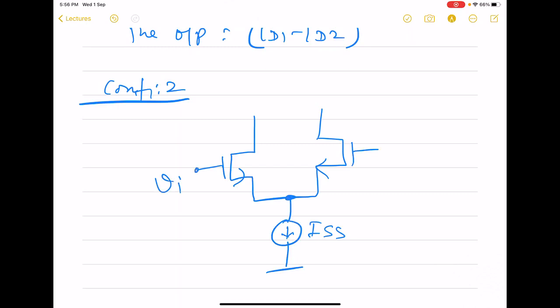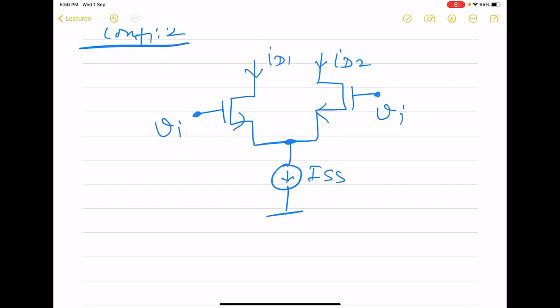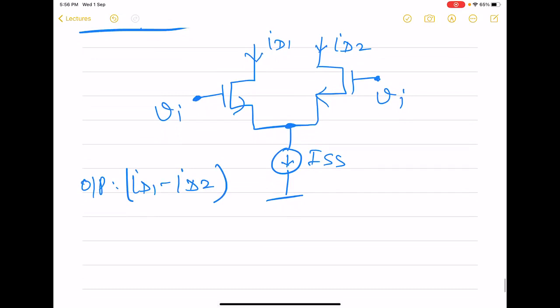Additionally, here we need not provide any gate voltage. We can straightaway feed our time varying input. And here also the output quantity is ID1 minus ID2. And this ISS will always be the sum of ID1 plus ID2.